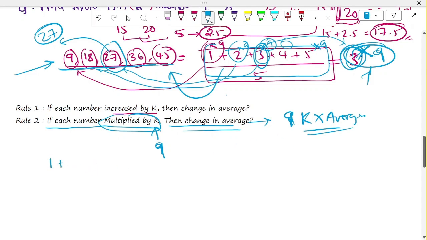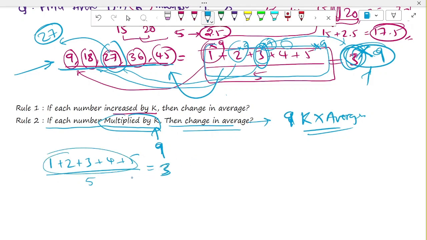Now, if you have got 1 plus 2 plus 3 plus 4 plus 5 divided by 5, what is the average of these 5 numbers? It is 3. Now, let's imagine that we are going to increase each value by 2. Increasing each value by 2 will give you what? 1 plus 2, 3. 2 plus 2, 4. 3 plus 2, 5. 4 plus 2, 6.